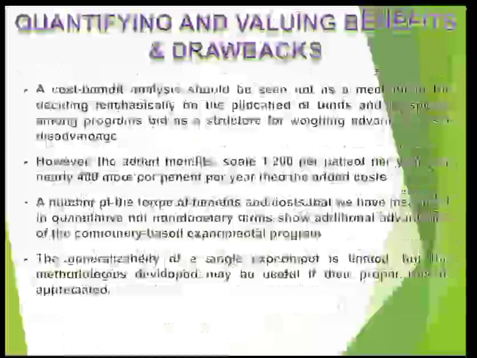The generalizability of a single experiment is limited, but the methodologies developed may be useful if their proper role is appreciated. Okay, so these are all the topics on qualifying, quantifying, and valuing benefits.